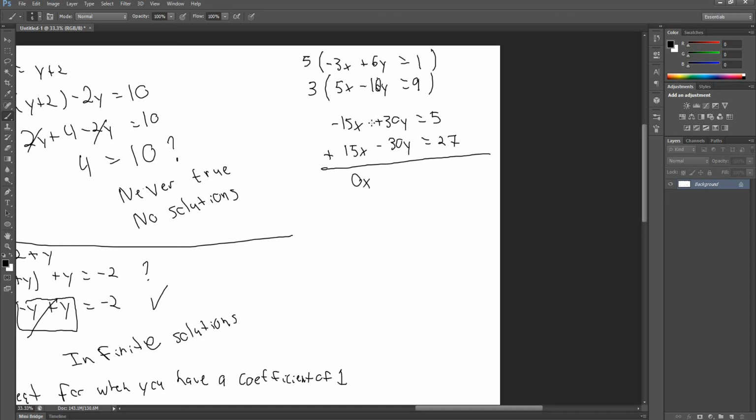So this is 0x. I have a second pair of opposites, 30 and negative 30. So this is plus 0y is equal to 32. Well, this is 0 is equal to 32, which is never true. So there are no solutions.